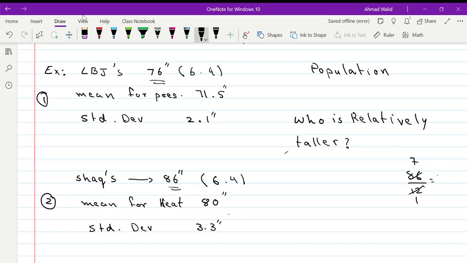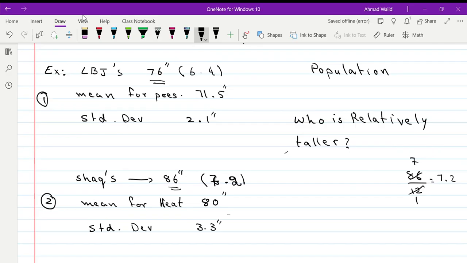It means 7.2. He was 7.2, not 6.4. 7.2, which is pretty high, right? It's really high. If we talk absolutely, definitely Shaq is taller than LBJ.